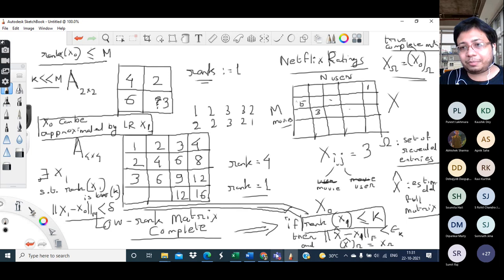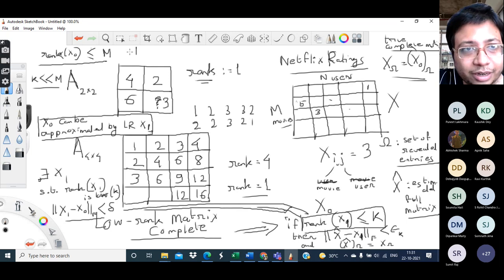So I have these two relations. Relation number one is that X hat, the matrix which I have estimated, is quite close to X1, X1 being the low rank matrix.